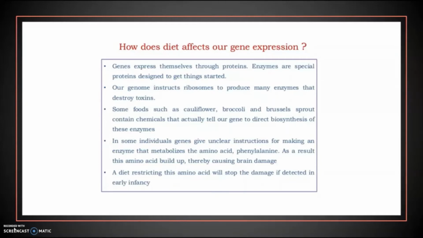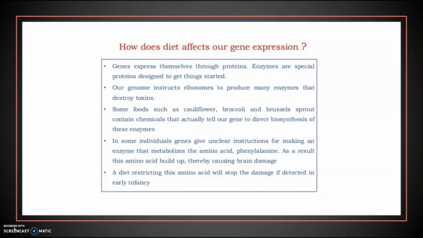Some foods such as cauliflower, broccoli, and Brussels sprouts contain chemicals that actually tell our genes to direct biosynthesis of these enzymes. In some individuals, genes give an unclear instruction. So in some cases, some food contains some chemicals, so they will communicate to the gene for the direct biosynthesis of that particular enzyme.